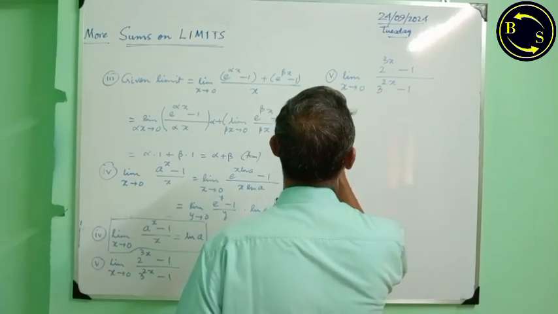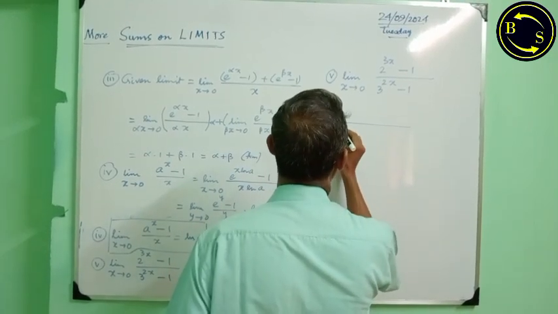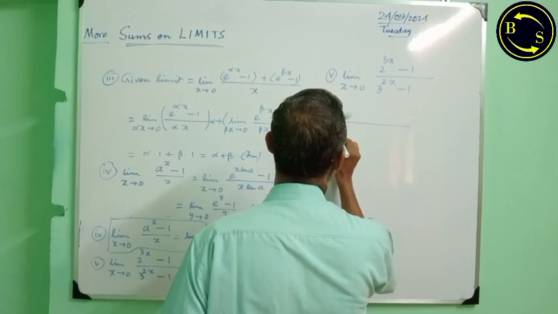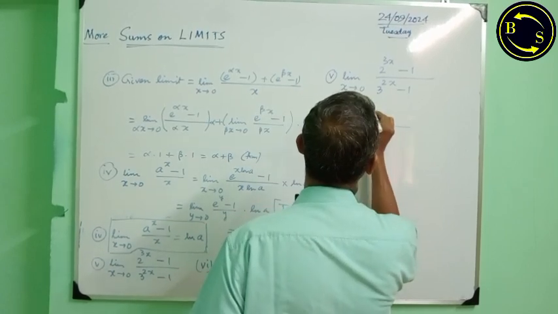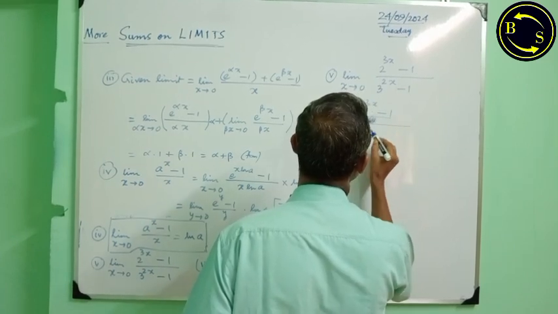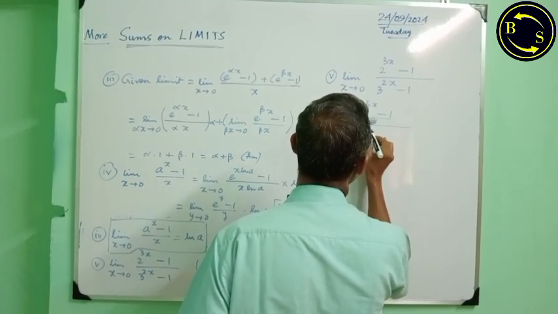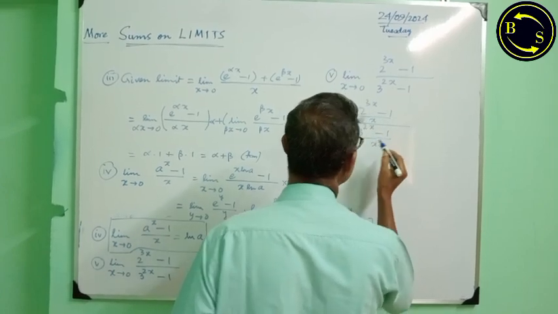Therefore, I write this limit x tends to 0, 2 to the power 3x minus 1 whole by x, 3 to the power 2x minus 1 whole by x.